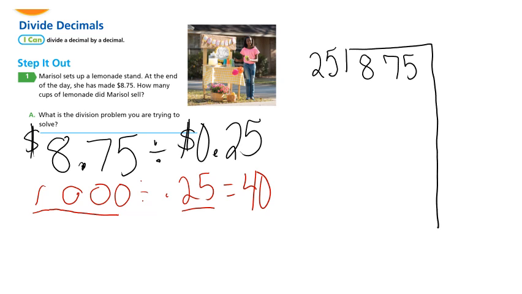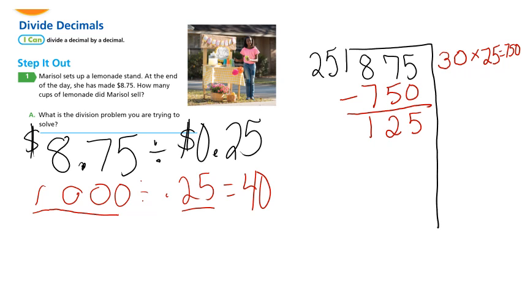So I think I might try 30, because I know 3 times 25 is going to give me 75, and then 30 times 25 is going to give me 750. So if I do that, I'm going to have a 5, 2, and a 1 left over.